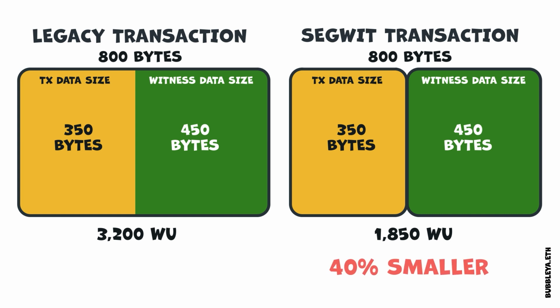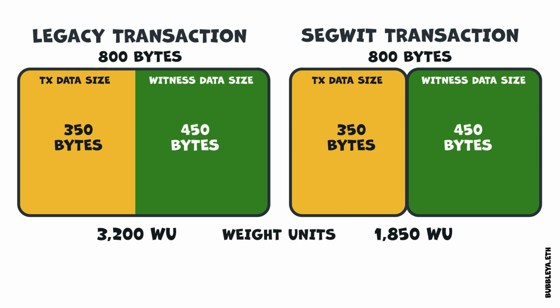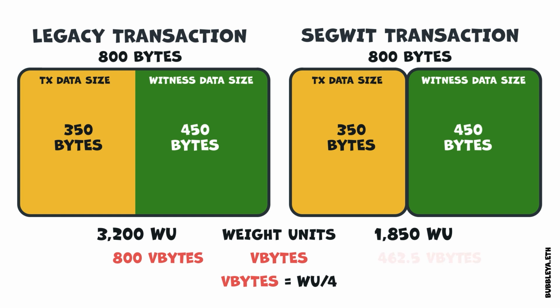In our case, this is more than 40% smaller than the size of the legacy transaction. Instead of weight units, we can also use vbytes or virtual bytes. Virtual bytes are weight units divided by 4. In our example, this would mean 800 vbytes for the legacy transaction and 462.5 for the SegWit.